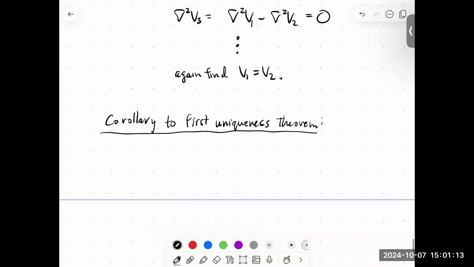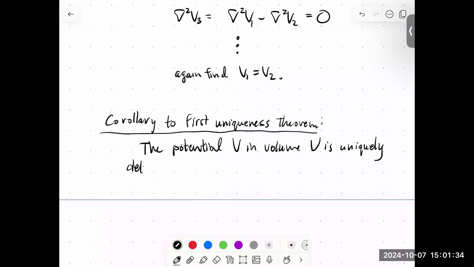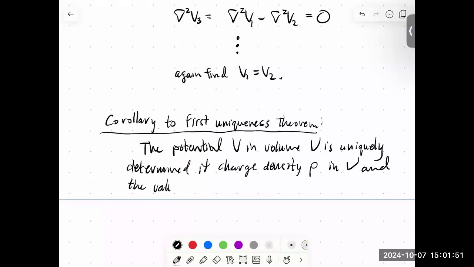The potential V in volume script V is uniquely determined if the charge density rho in V and the value of V, the potential on all boundaries, are specified. Good.